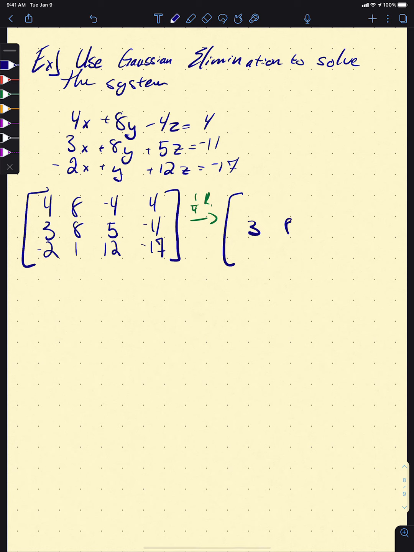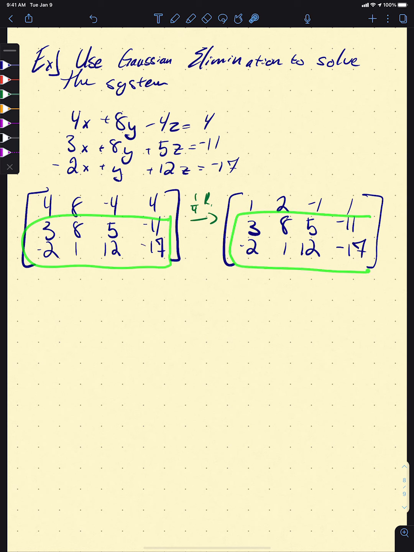First thing I'm going to do, always, is copy down the rows that aren't changing, okay? That is going to minimize the little errors that tend to pop up when you're doing these sorts of calculations. It is easy for those little calculation errors to come up and bite you, but if you make sure that you copy the rows that aren't changing, you're less likely to make those, okay?